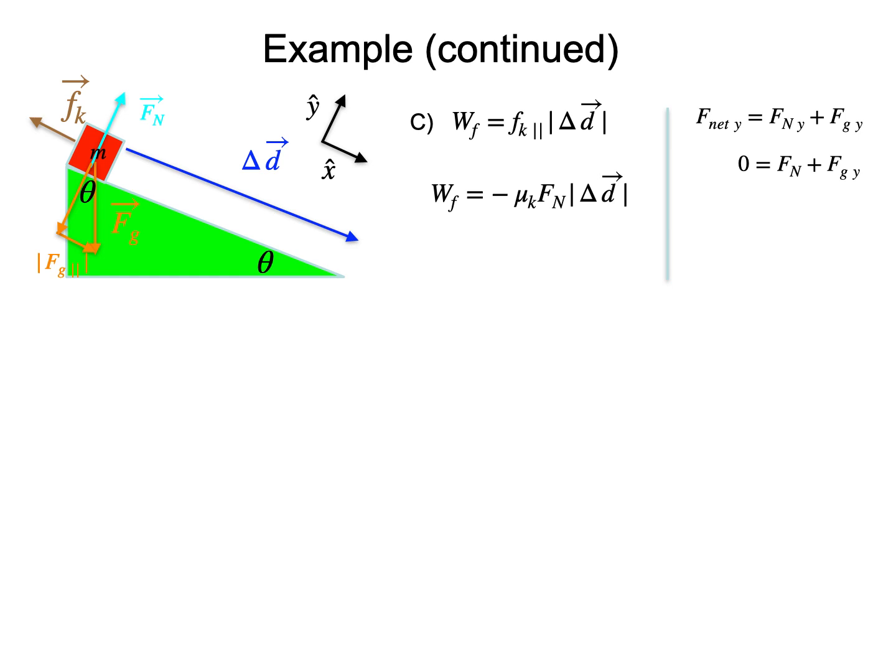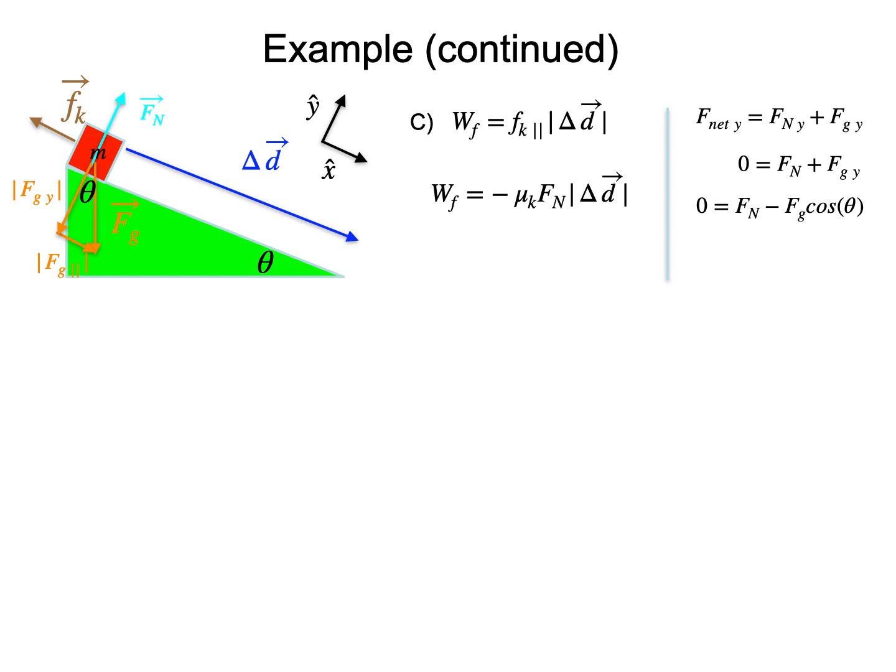To evaluate the y component of the gravitational force, we need to refer to the right-angled triangle where the magnitude of this component is the adjacent side of the triangle. Using the trigonometric ratio cos theta, we can express the vertical component of the gravitational force as minus Fg cos theta, recognizing that this component is in the opposite direction to y hat.